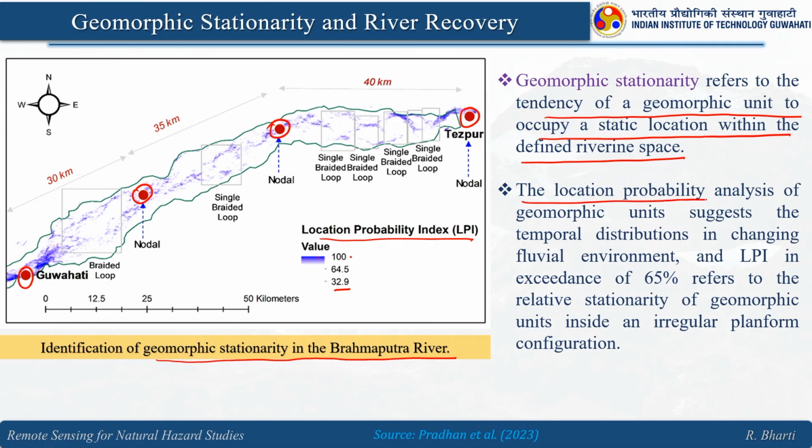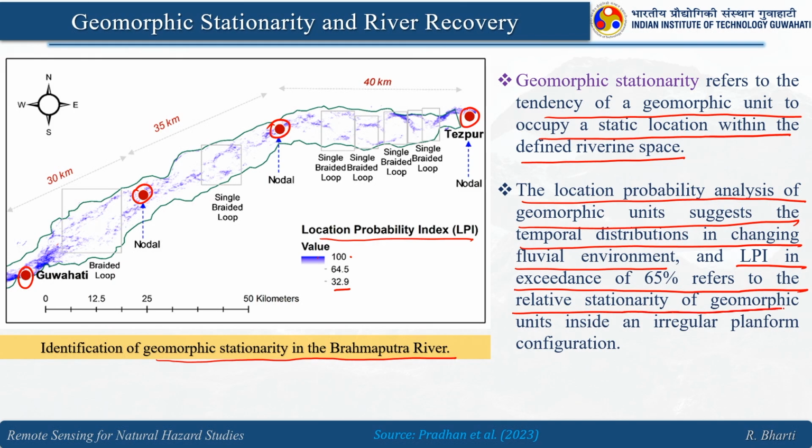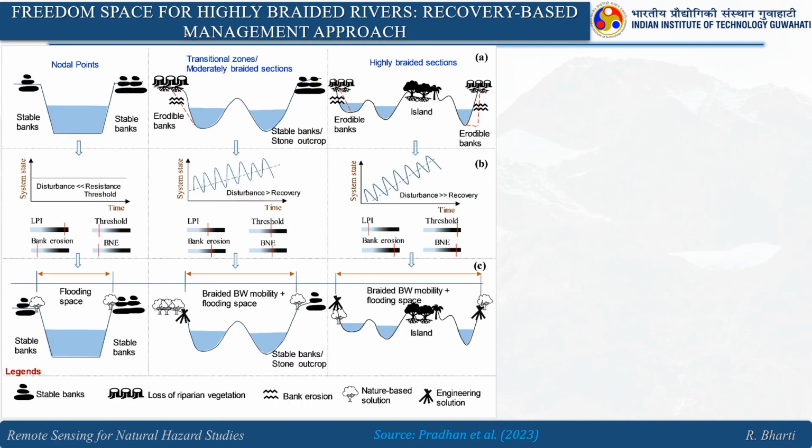The location probability analysis of geomorphic units suggests the temporal distribution in a changing fluvial environment, and an LPI in excess of 65% refers to the relative stationarity of geomorphic units inside an irregular planform configuration. Here you can see we have kept this 65%. Now, this is the freedom space concept for a highly braided river, again the Brahmaputra.